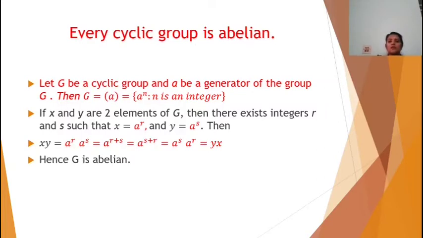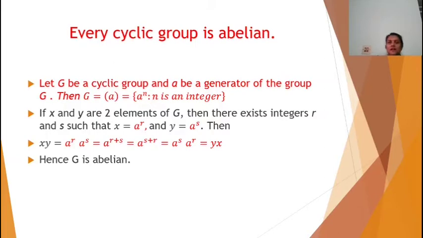Then there exist integers r and s such that x is equal to a raised to r and y is equal to a raised to s. Then xy equal to a raised to r, a raised to s, which is equal to a raised to r plus s, which is equal to a raised to s plus r.